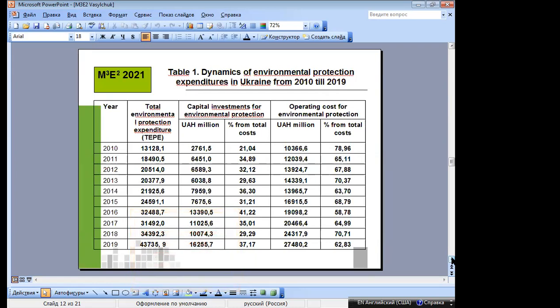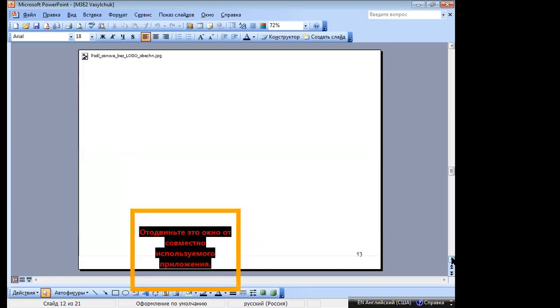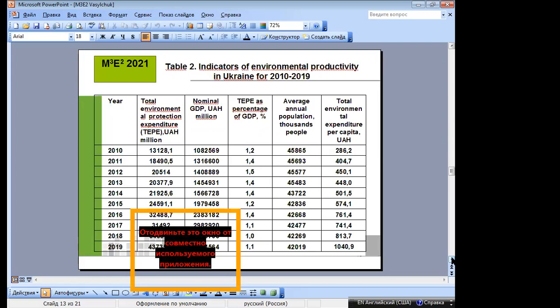It serves as evidence that priorities of environmental policy in the country have changed toward increasing projects creating long-term effect.